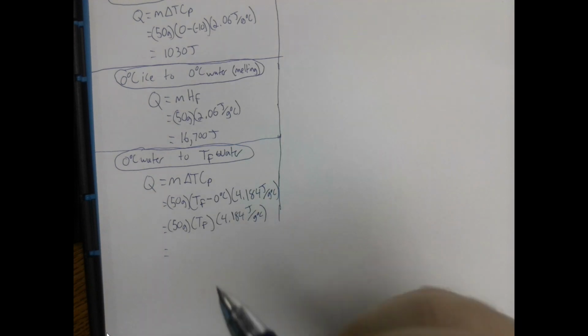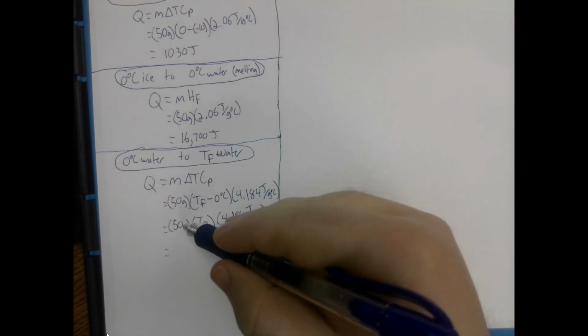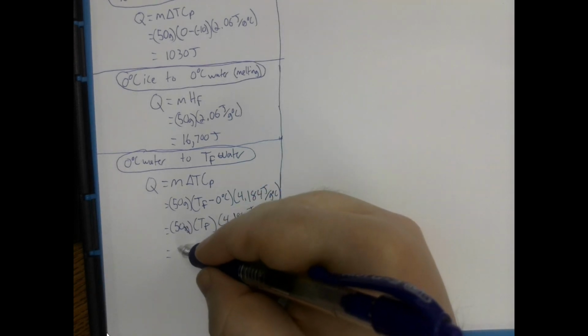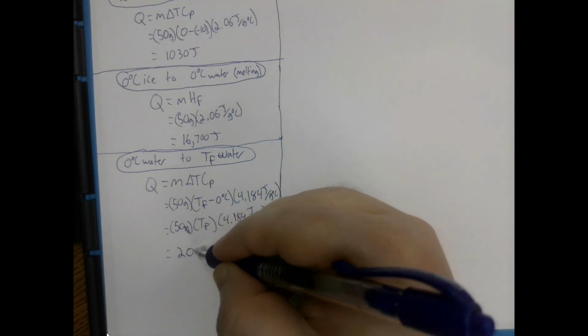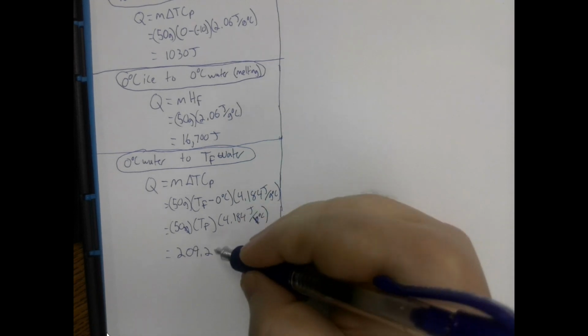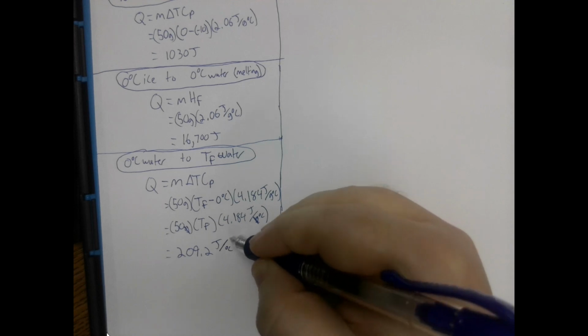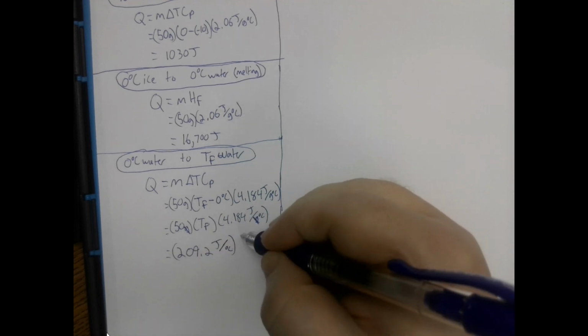So 50 times 4.184, the grams will cancel out, giving us 209.2 joules per degree Celsius times TF.